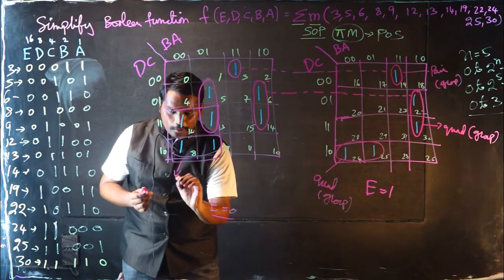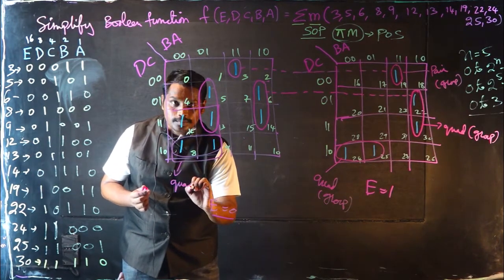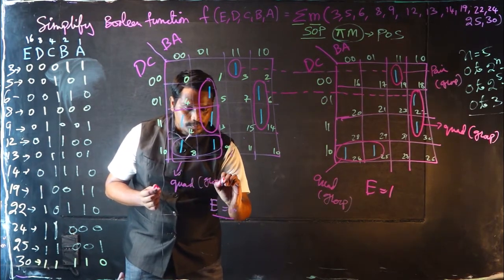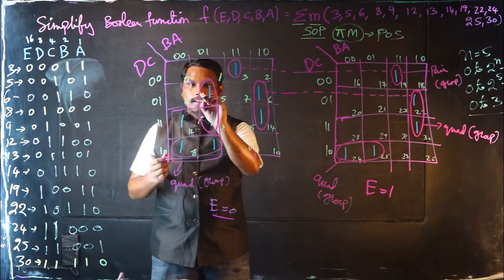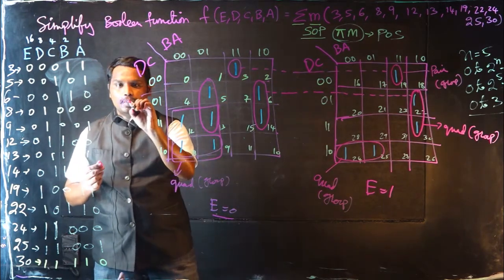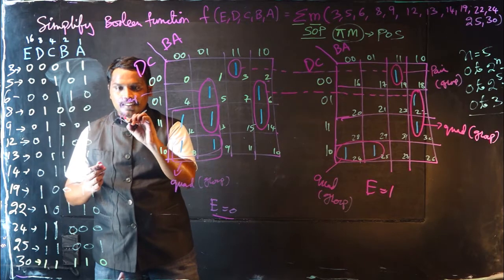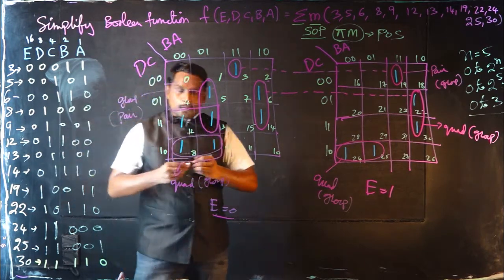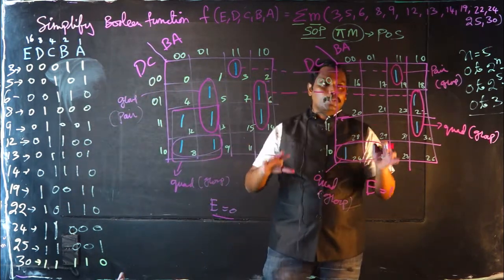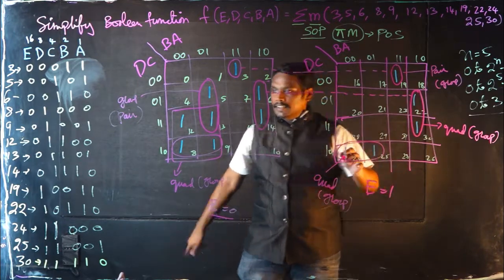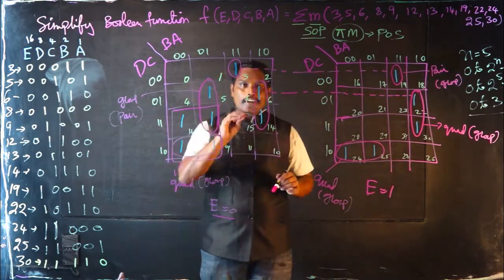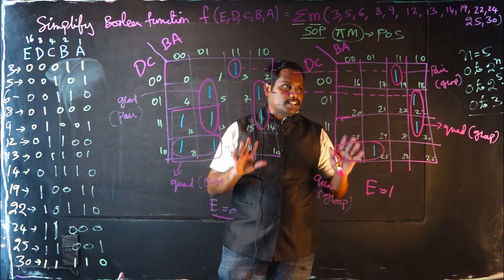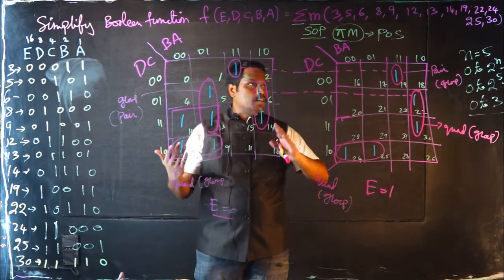So here also I have 2 groups, that is a quad, and this particular thing is also one group with 2 ones, which is called a pair. So how many groups have we generated from this 5 variable Karnaugh map? Here 3 and here 2. So 5 groups that are there, which may be quads or pairs.